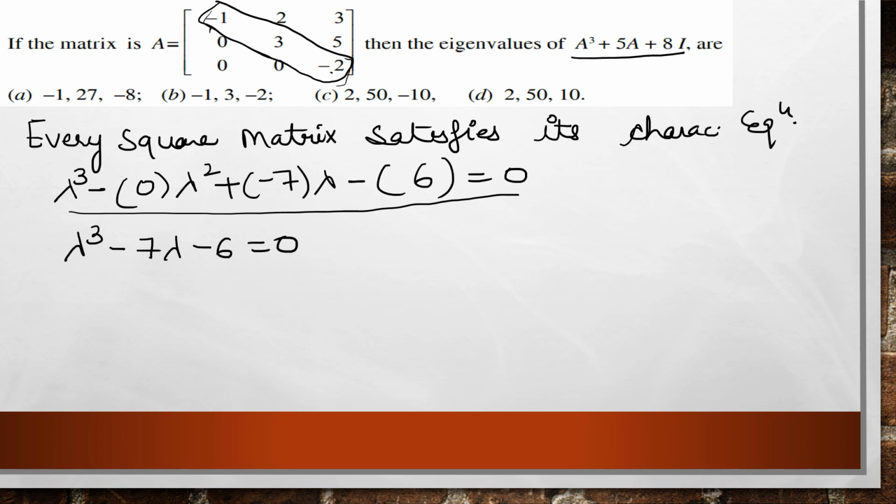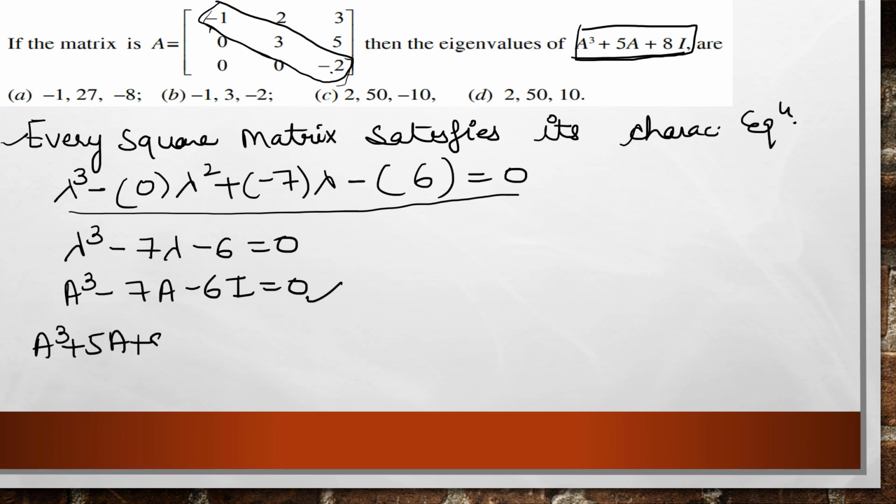Now see here, as the Cayley-Hamilton theorem states that every square matrix satisfies its characteristic equation, this thing will be equal to 0. Now I'm going to use this in order to find this one. Here we have A cube plus 5A plus 8 identity.